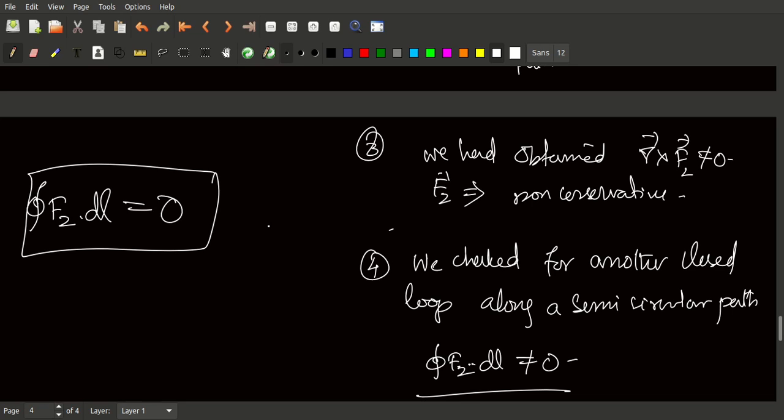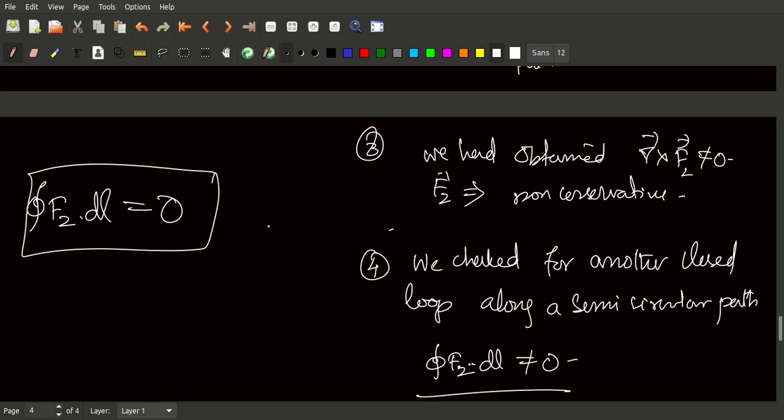For example, what happened here? This one is about the rectangle, and both the circle and the rectangle have a symmetry. It was a symmetrical path, and along that path this force also had some kind of symmetry, and when you took this integration it vanished.